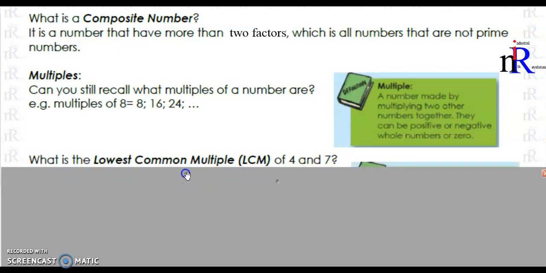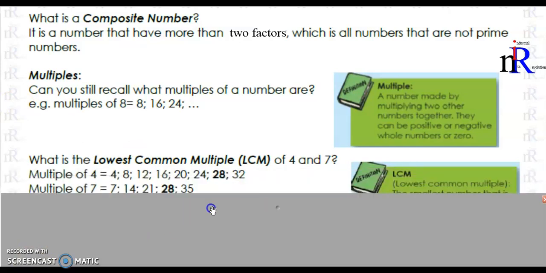What is the lowest common multiple of 4 and 7? And here we will list all the multiples of 4 and all the multiples of 7 until we have a common multiple. So how do we do this?